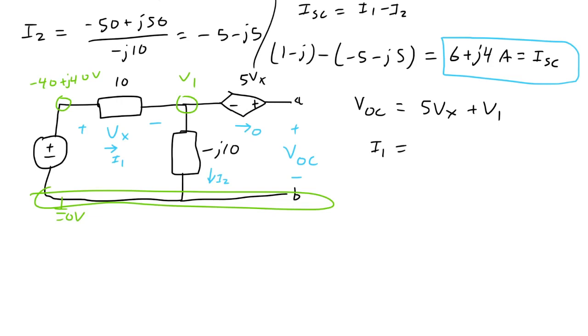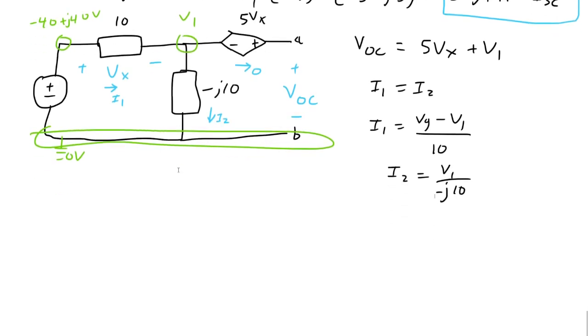So I1 equals I2. If we come up with an expression for I1, I'll just write it as Vg. We know it's minus 40 plus 40j minus V1 over 10. And I2 is going to be V1 minus 0 over j10.